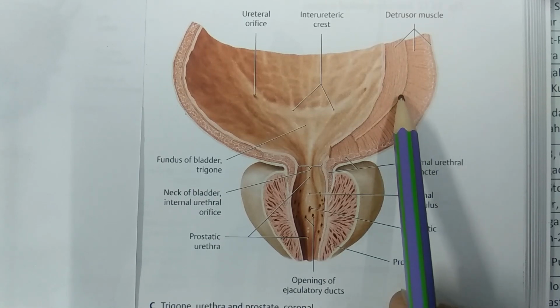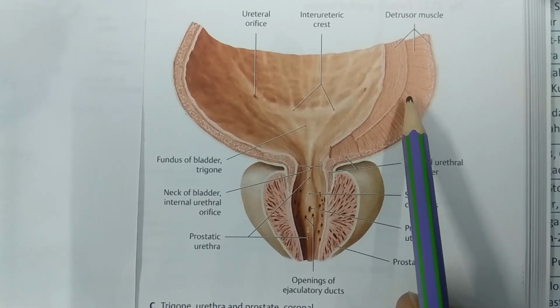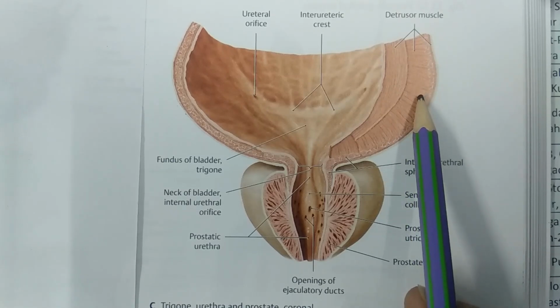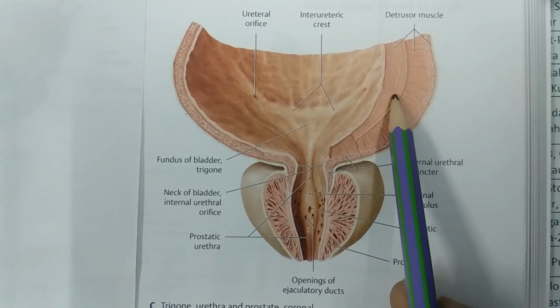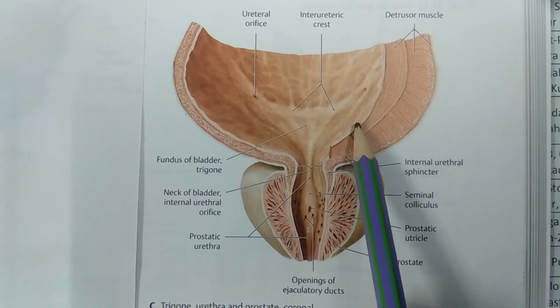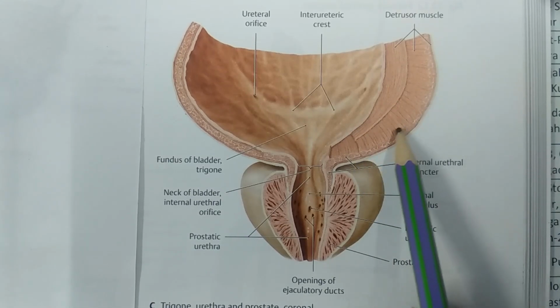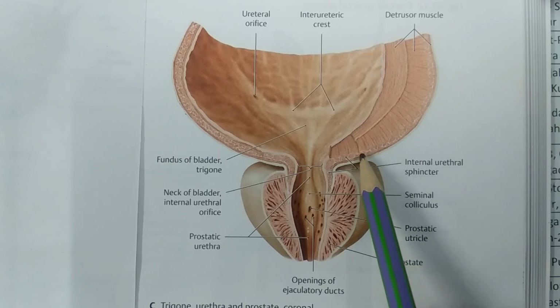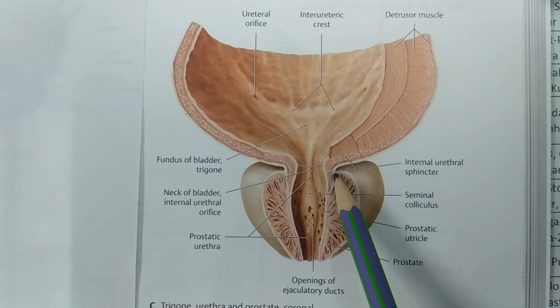It is also known as the detrusor muscle, and it has three ill-defined layers of smooth muscle, that is outer longitudinal, middle circular, and the innermost is again a longitudinal layer of smooth muscle. Okay, so this outer longitudinal layer is in continuation with the muscles of the prostate. I have already told you about that.